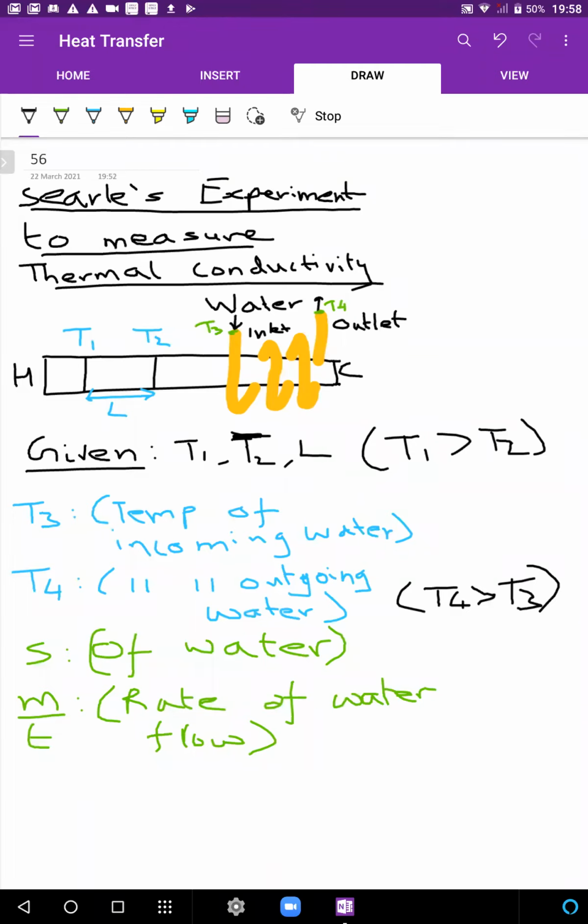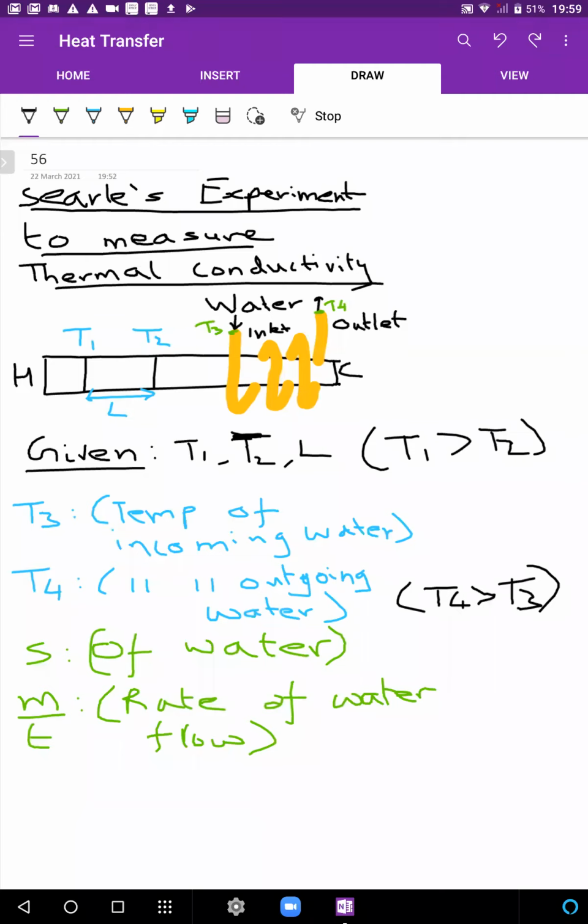M amount of water is entering in T time. So M by T is the rate of water flow. So from here, how can we find K? It's a one line answer. How will we find K from here? Your hint is this should relate to rate of heat flow. S is specific heat capacity.